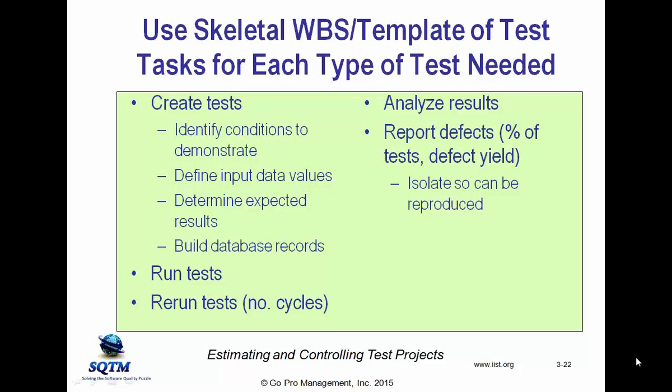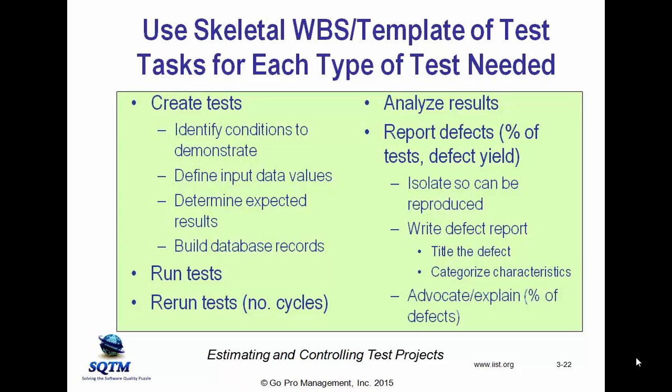Because if the developer can't reproduce it, the developer can't fix it. And then actually writing defect reports, which can be very time-consuming, and then what's called defect advocacy. And guess what? That's a big time taker. Okay? Defect advocacy means arguing on behalf of the defects, because what you think is important, your users, your manager, developers, and so forth often don't agree.